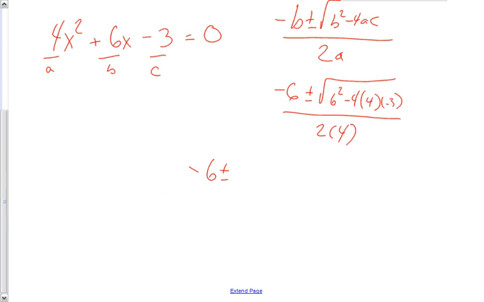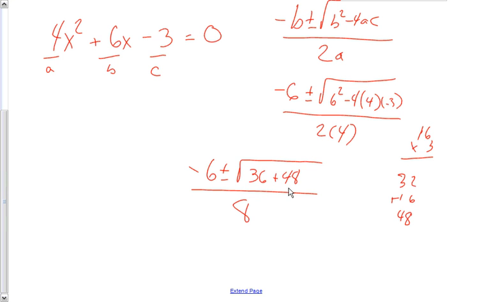Negative 6 plus minus the square root of 36, plus 4 times 4 is 16 times 3, which is 48, all over 8. 36 plus 48 is 84. Negative 6 plus minus the square root of 84 all over 8.